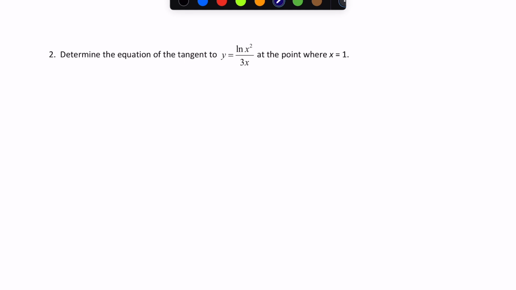Okay, example number 2 here. It says, determine the equation of the tangent to y is equal to ln x squared over 3x at the point where x is equal to 1. So the first thing you always want to do is determine if you can simplify this particular expression. So let's simplify this.